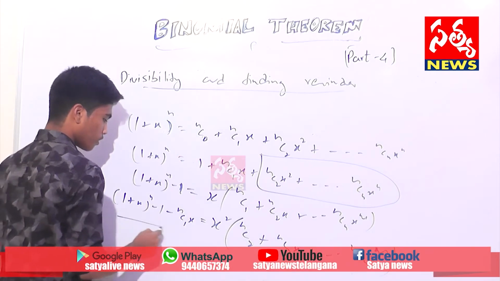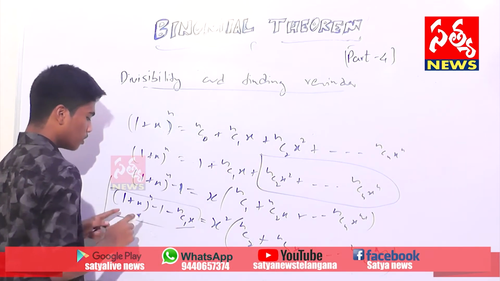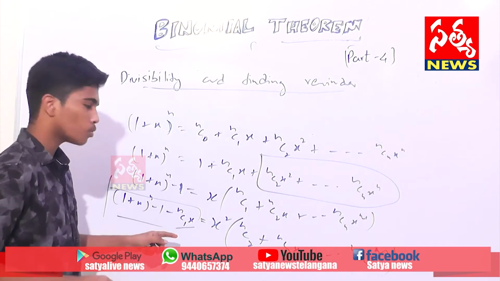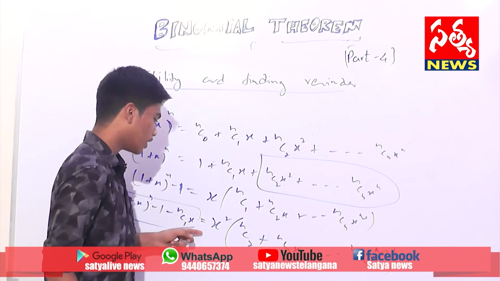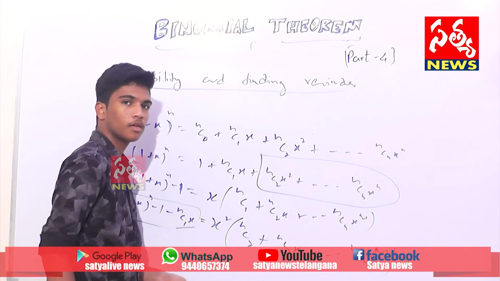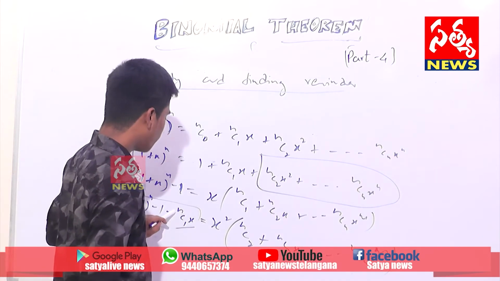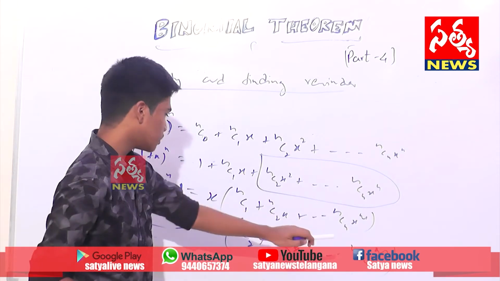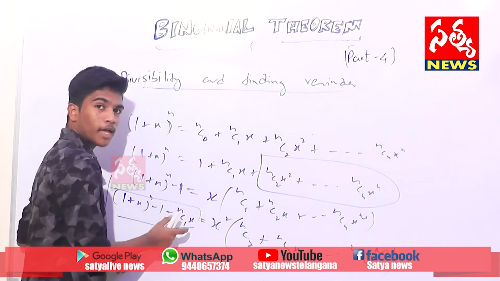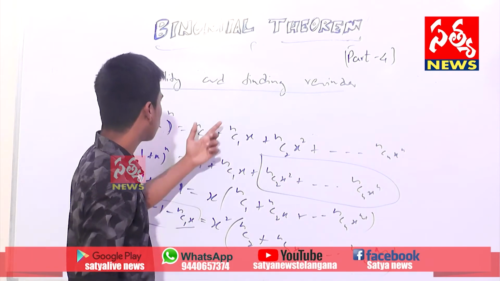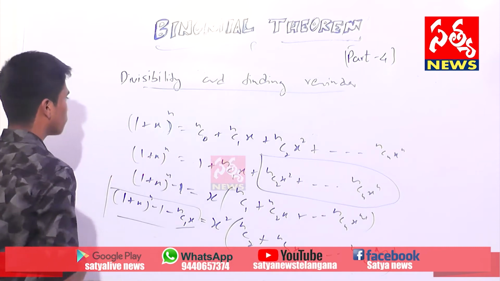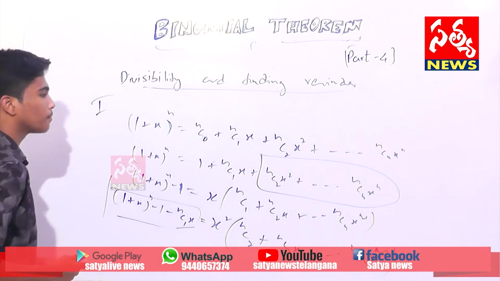And here we can say that (1 + x)^n minus 1 minus nC1 into x is divisible by x square. If we take this nC1 to the RHS, then it will remain as a remainder. This is the first property.